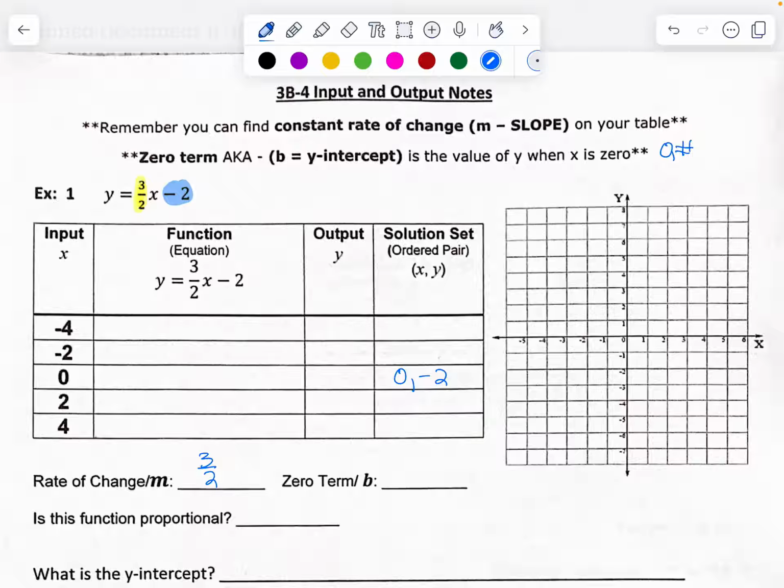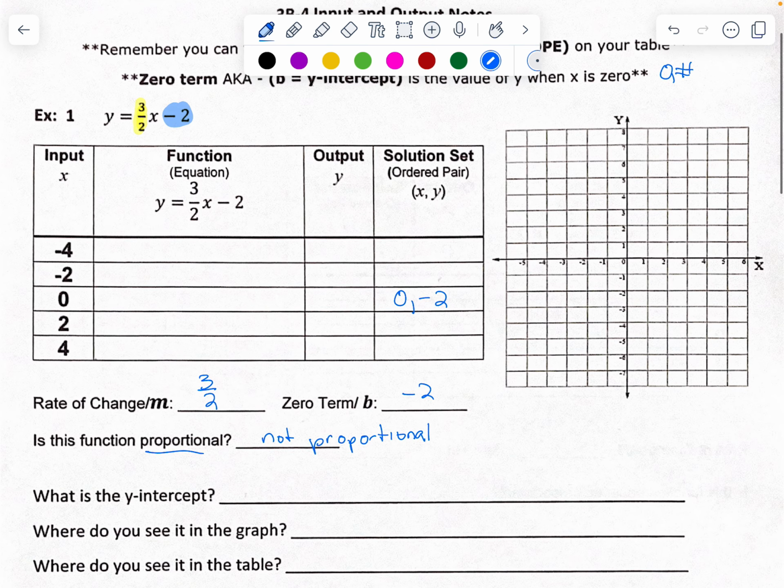I know my 0 term is -2. I know because there's an add and a subtract, it is not proportional. I also know the y-intercept is the same as my 0 term, so that is -2.